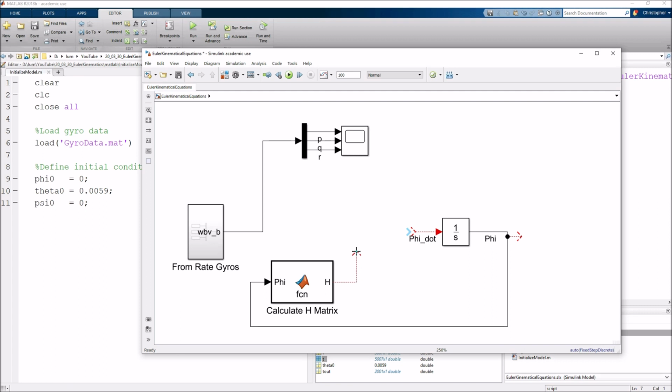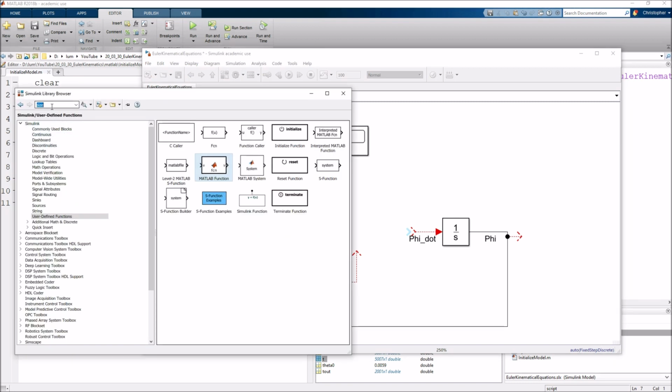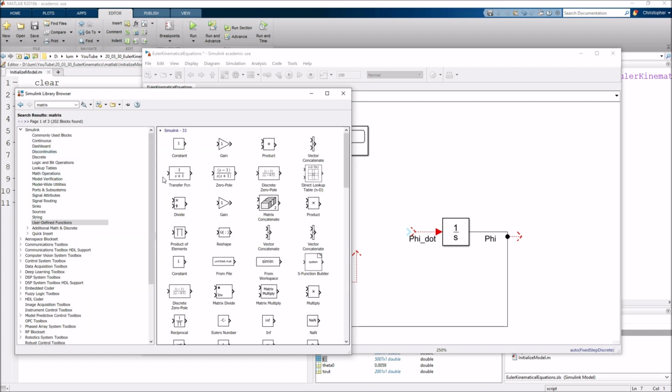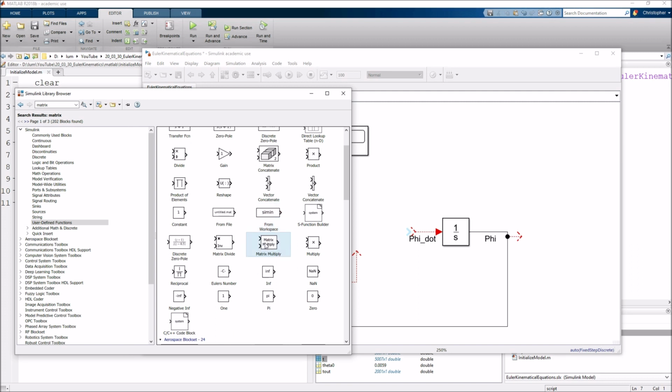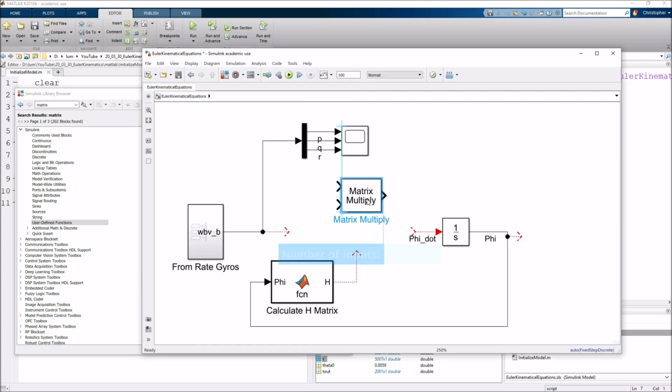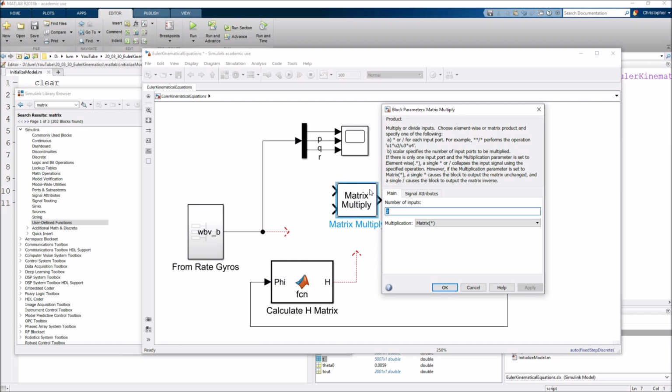So I've got our H matrix, and now all we need to do is grab a matrix multiply to multiply the H matrix with omega b with respect to v. So again, let's come over here, and I never remember where this is. Let me just search for matrix. Where's the matrix multiply? Here it is. Let's grab that block, drop it in, and we better read the input here.